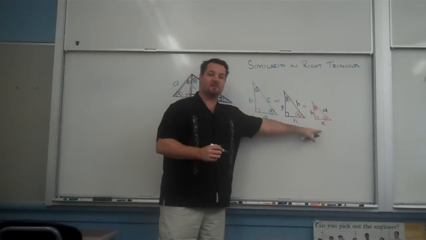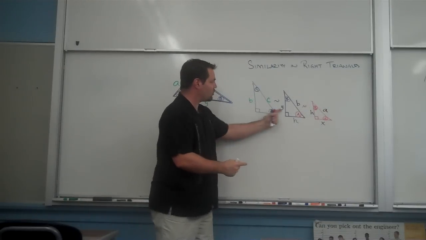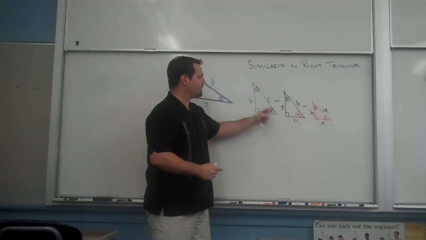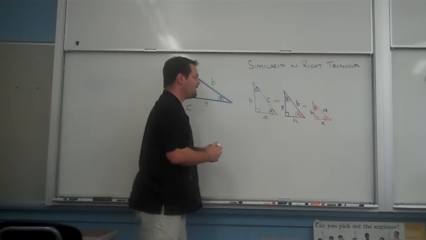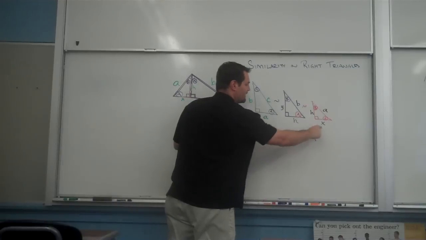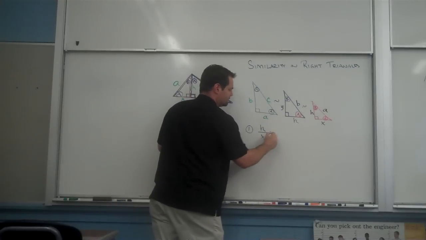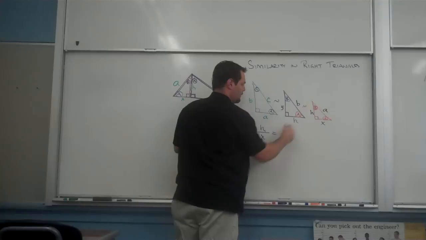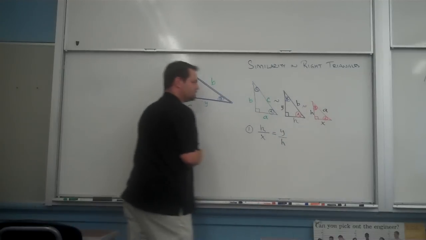If these three triangles are now oriented in the same way to show corresponding locations, and they're all similar, then I can set up proportions. Our first proportion is h is to x as y is to h.